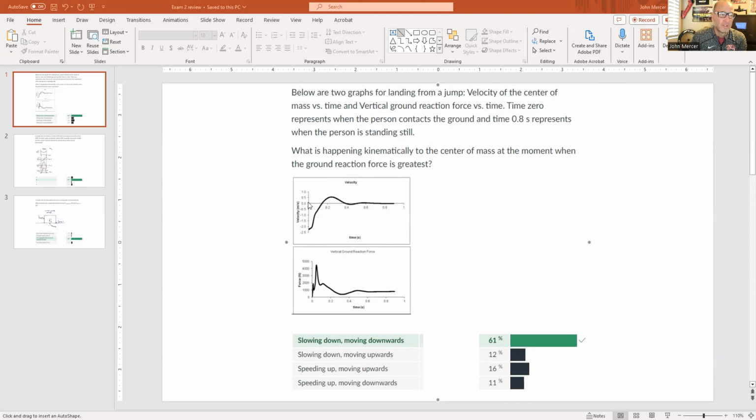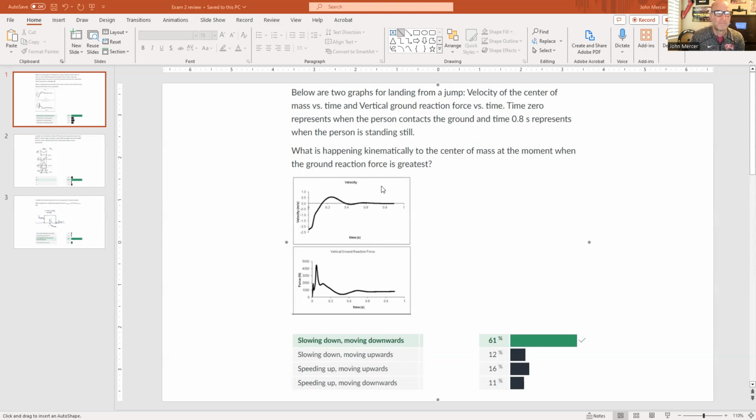Time zero represents the moment the foot hits the ground, and time 0.8 is when the person is standing still. So you've got to envision all the movements that happen from landing from a jump to when the person's standing still. And so the person squats down, the knees go through flexion, and then they stand back up, ultimately to a standing position.